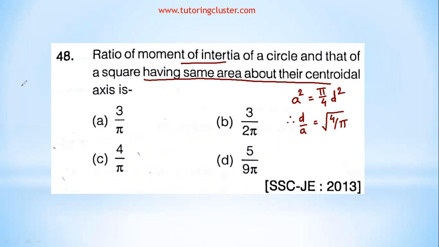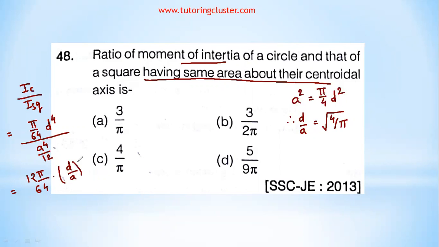Now what have they asked? They have asked the ratio of moment of inertia of a circle to that of a square, which is equal to, what is the moment of inertia of a circle? Pi by 64 d to the power 4, upon what is the moment of inertia of a square? A to the power 4 upon 12. So it will be 12 pi by 64 into d by a to the power 4, which is equal to 3 pi upon 16 into, what is d by a?